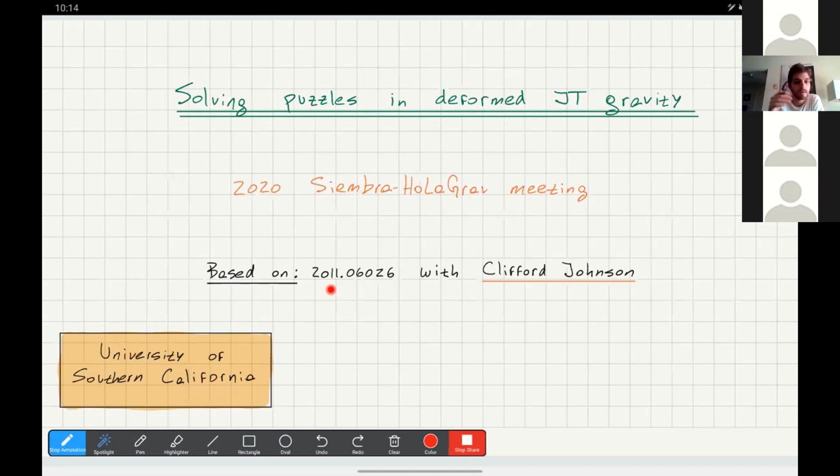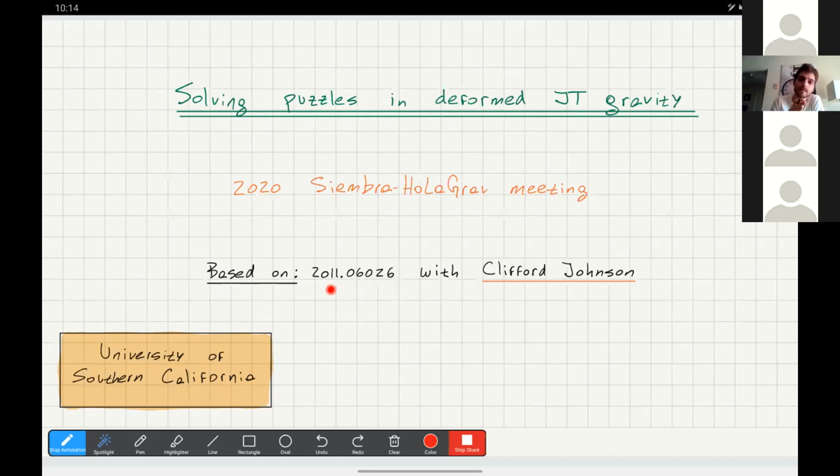But there was a puzzle noticed in those papers that was left unresolved. There was a problem for some particular deformations. The objective of our paper with Clifford was to understand that puzzle and to solve it. We did just that for a class of deformations.